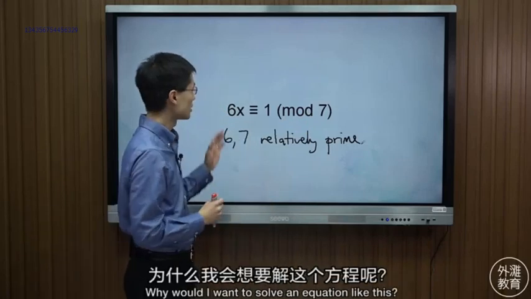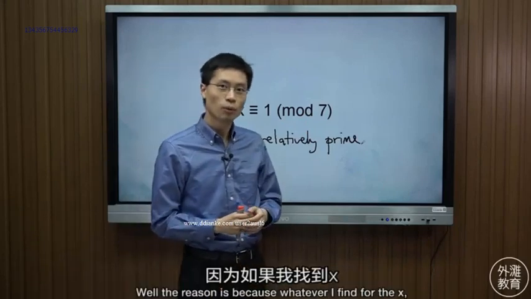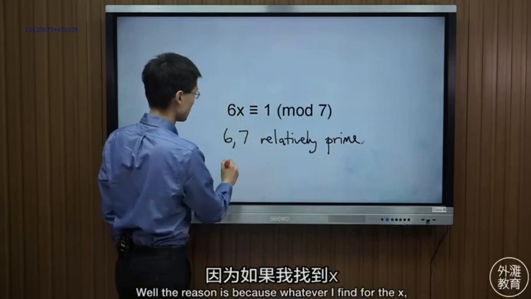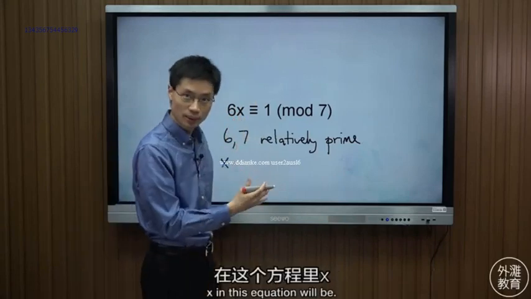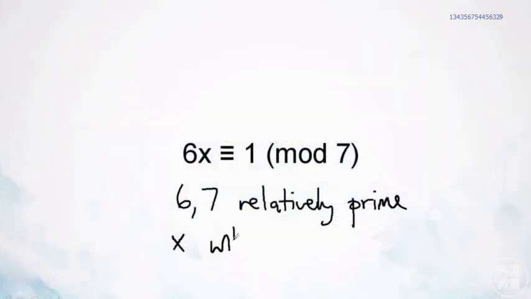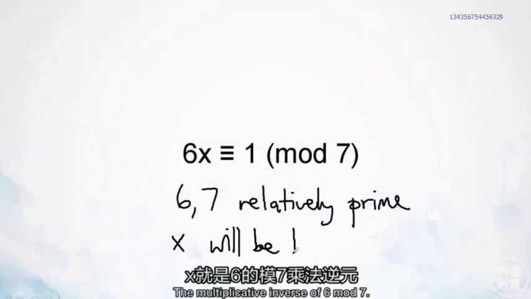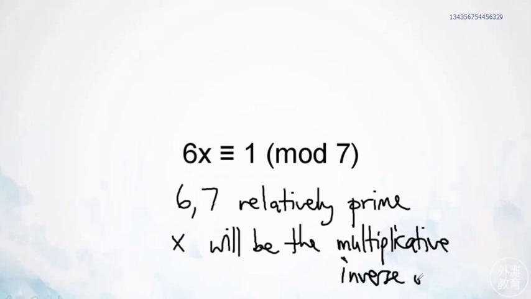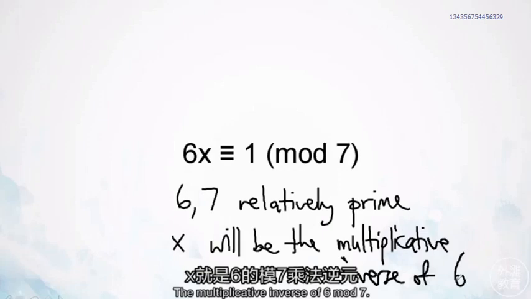Why would I want to solve an equation like this? Well, the reason is because whatever I find for the x in this equation will be the multiplicative inverse of 6 mod 7.